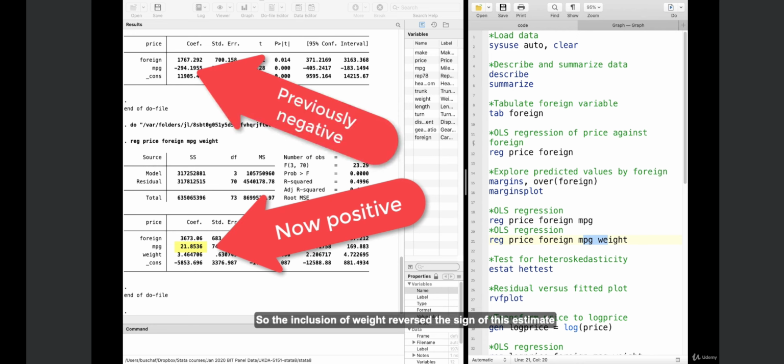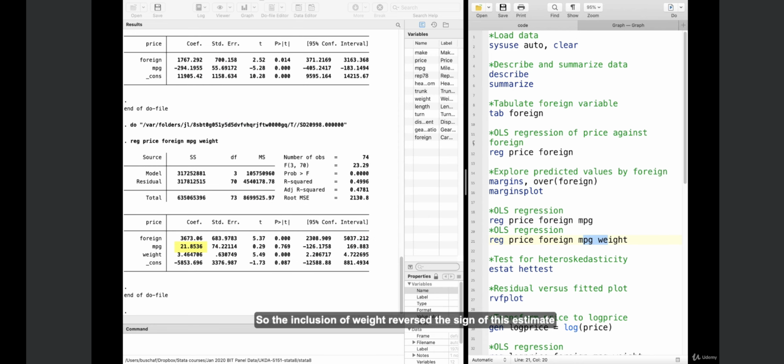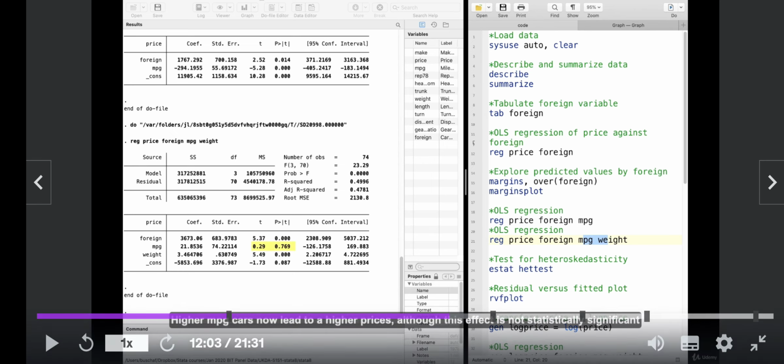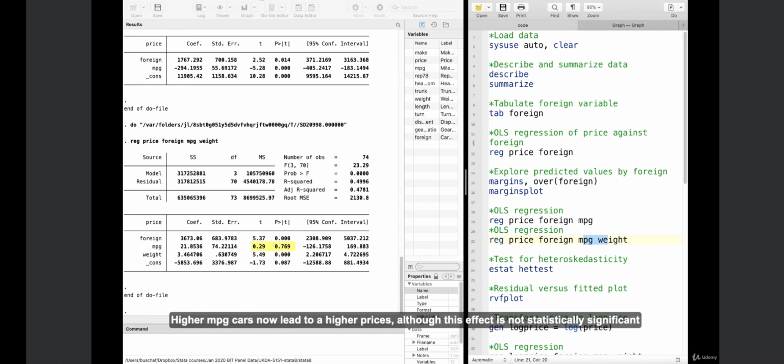So the inclusion of weight reversed the sign of this estimate. Higher miles per gallon cars now lead to higher prices, although this effect is not statistically significant. This makes sense. After all, higher miles per gallon cars are more fuel efficient and save money.